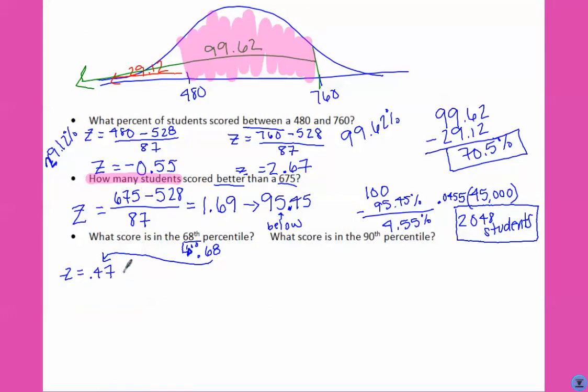So that should equal x minus 528 over 87. So we've got to solve this. Multiply by 87.